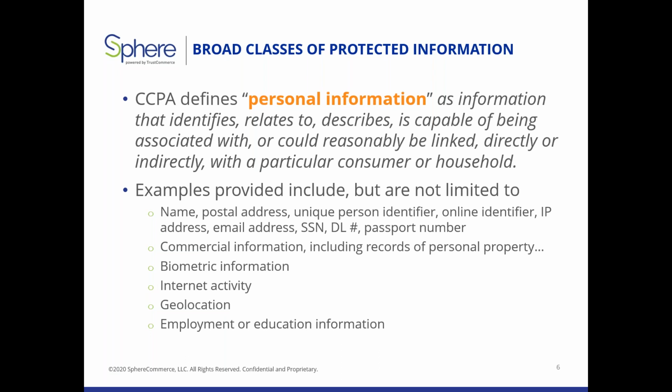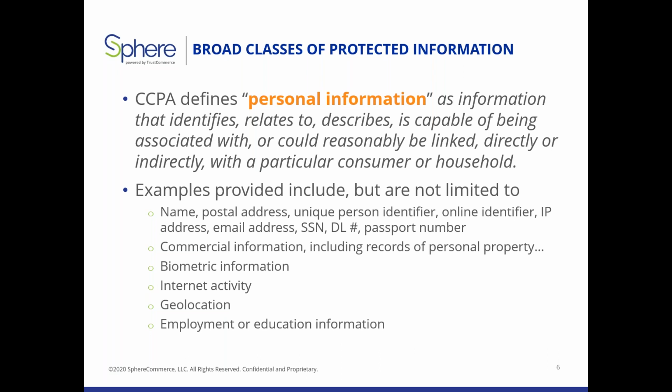I like to refer to this as the golden rule of privacy, right? I don't want somebody doing to my data what I wouldn't do to my own. And so the data that I might consider personal, this law basically considers to be personal information as well.